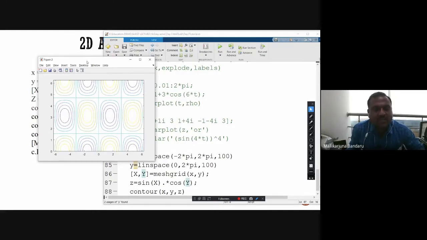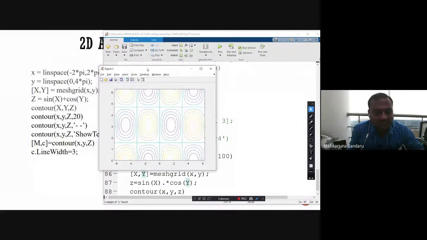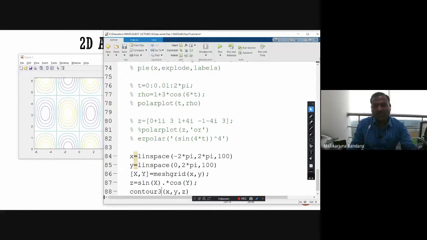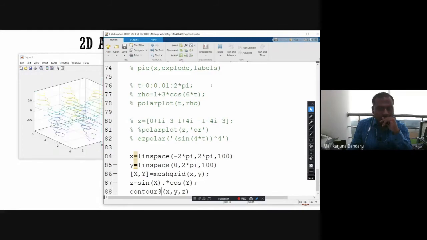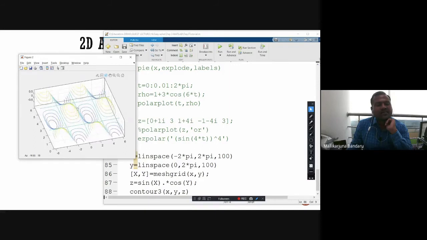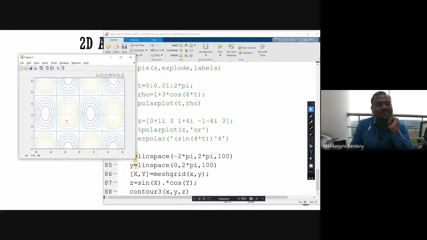But the same thing, how do you visualize in 3D? Suppose the same curve you would like to visualize in 3D. Simply, it is contour3. Just see the curve. See what change we are getting here, right? This is a 3D. But once I make it like this, we are getting it in 2 dimensions, is that clear?